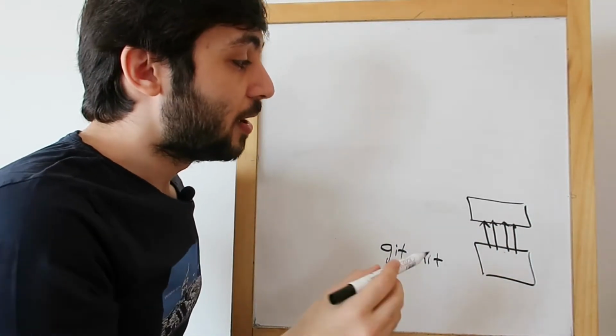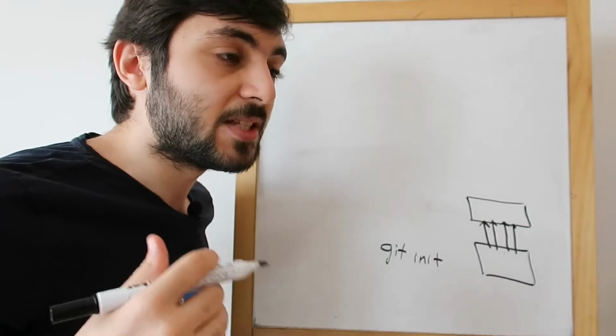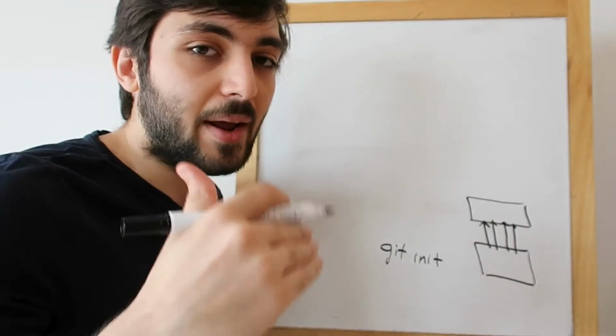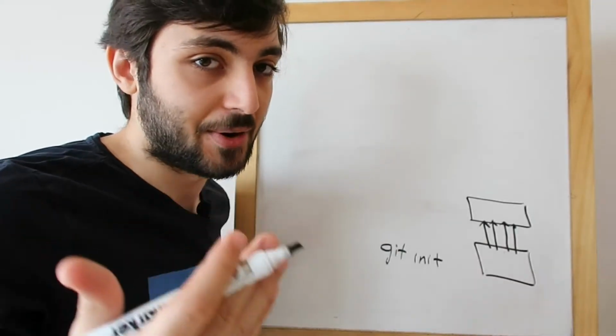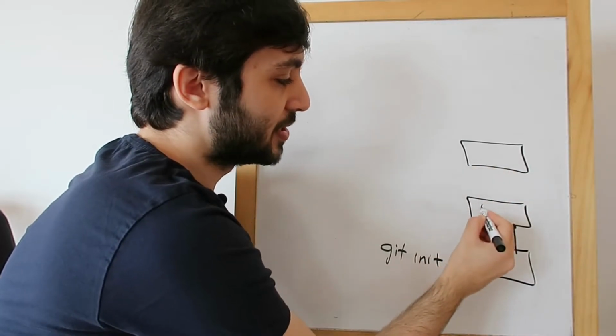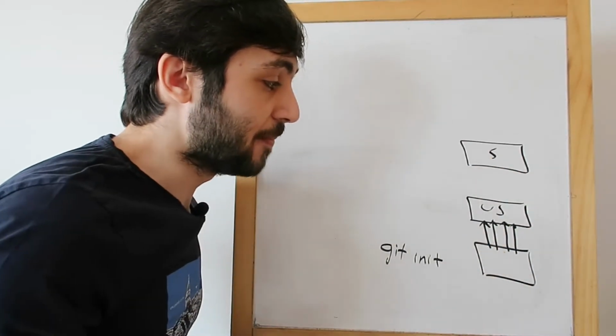All right, now your goal is to move the files that you want to another area, which is the staged area. So here is the unstaged area, and here is the staged area.